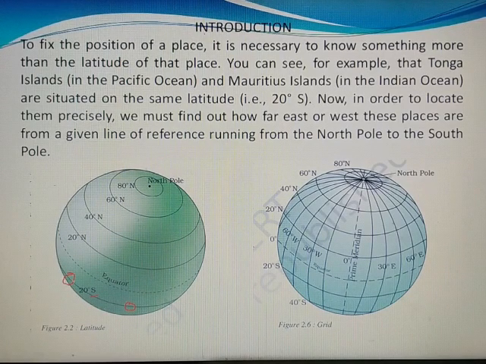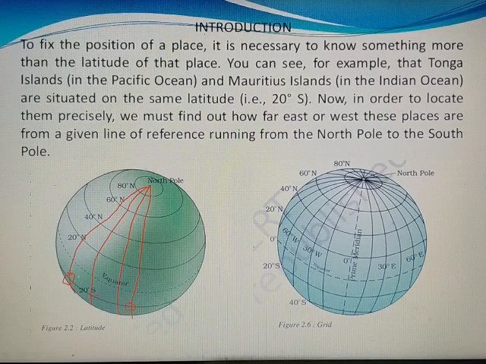To know how far apart these two places are, we need to draw a line like this, from the North Pole to the South Pole, and some degrees should be given there. From that degree we come to know how far apart these two places are, which are situated at 20 degrees south, but how far in the east and west.